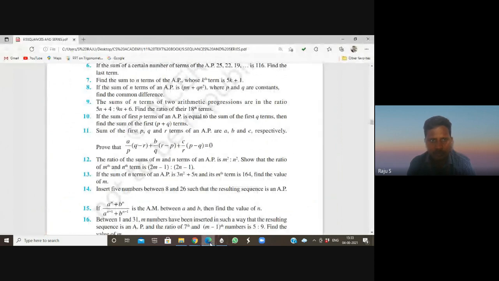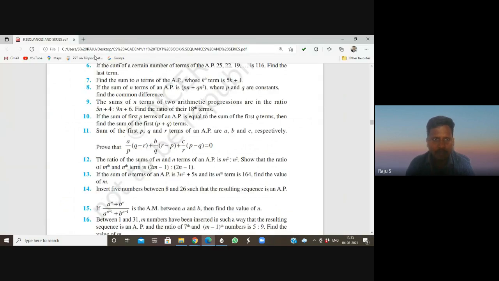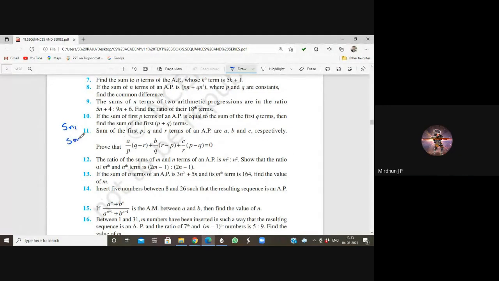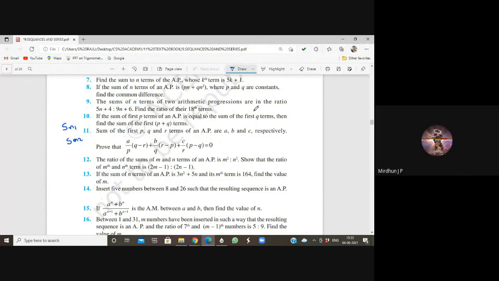Question number 9. Take the two progressions, first one is Sn1 and second one is Sn2, with ratio 5n plus 4 and 9n plus 6.